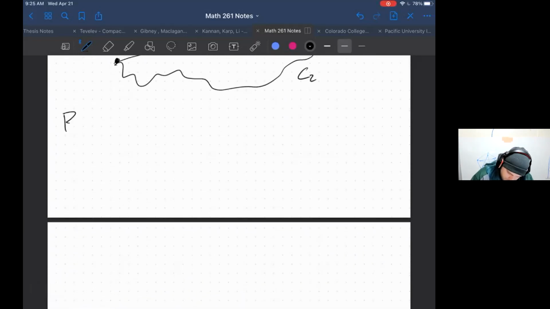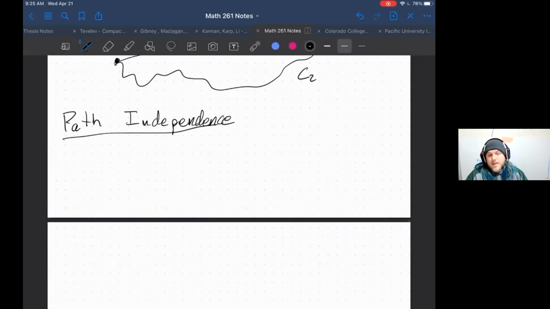So this concept, just like in the title of the section, is called path independence. So when is this work integral independent of the path? Okay, so there is a very long definition, and I think we're actually going to write it all out.